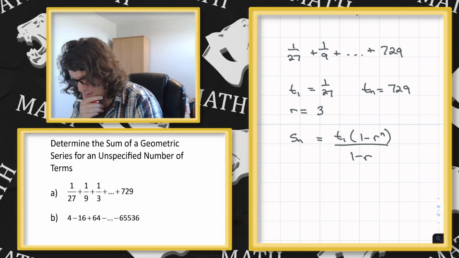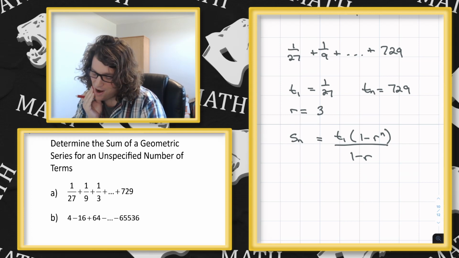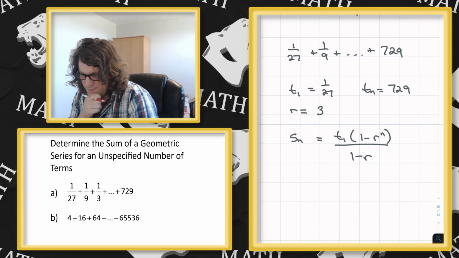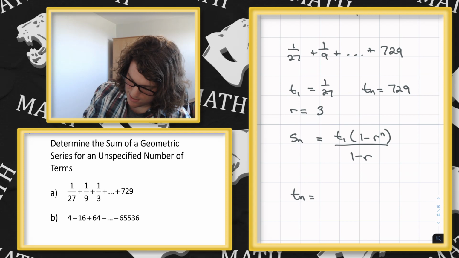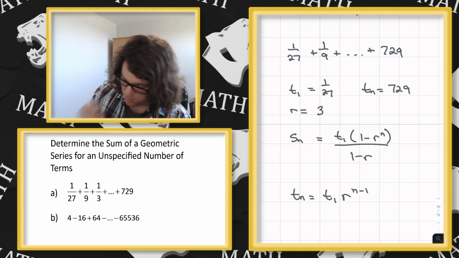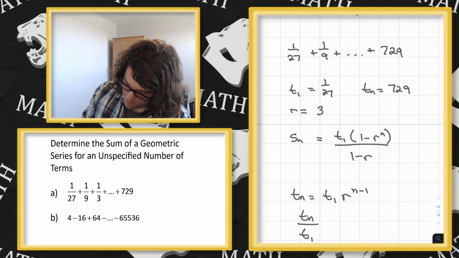Now, Tn is also equal to T1 times r to the n minus 1, which means that Tn divided by T1, multiplied by r, would be equal to r to the n.